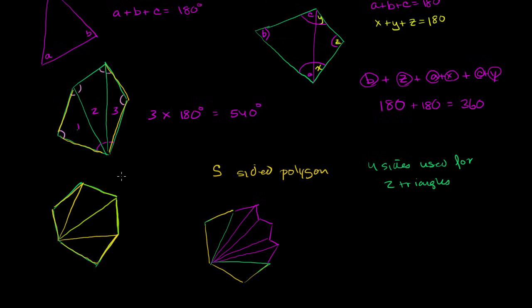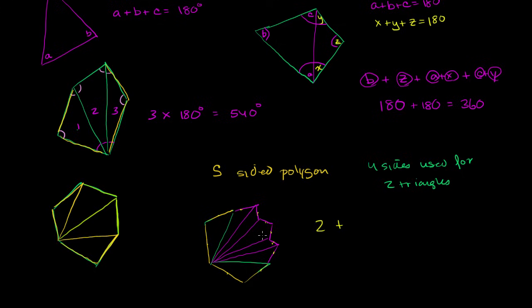So for example, this figure that I've drawn is a very irregular 1, 2, 3, 4, 5, 6, 7, 8, 9, 10. Is that right? 1, 2, 3, 4, 5, 6, 7, 8, 9, 10. It is a decagon. And in this decagon, 4 of the sides were used for 2 triangles. And then out of the other 6 sides, I was able to get a triangle each.